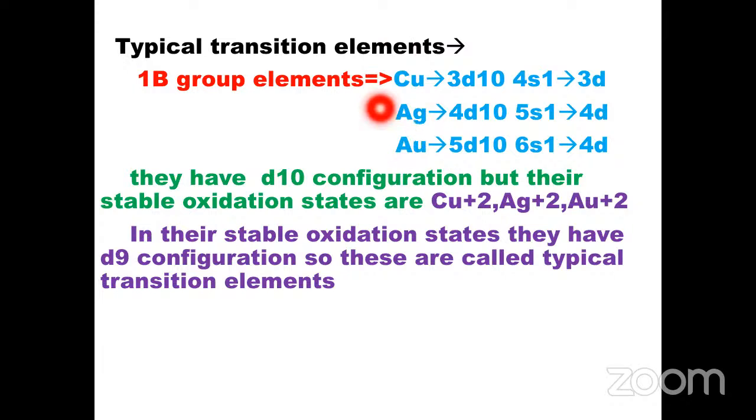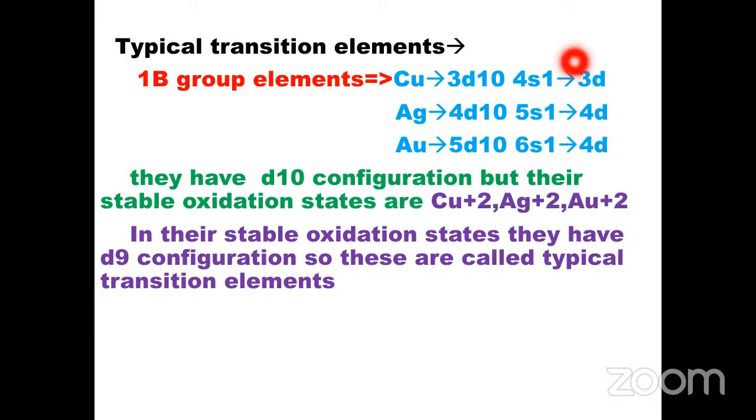Because the outermost electronic configuration of copper is 3d10 4s1, it belongs to the 3d series. Next, silver: its outermost electronic configuration is 4d10 5s1, and it belongs to the 4d series. Next, gold: its outermost electronic configuration is 5d10 6s1, and it belongs to the 5d series.